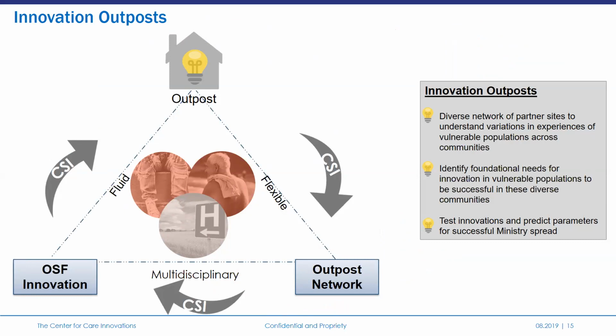And those for us are Peoria, where I'm located, an urban setting, and we wanted a location serving an urban population. And then Pontiac, which is a little bit smaller than Peoria and is considered rural, and then Monmouth, which is very rural and quite small.